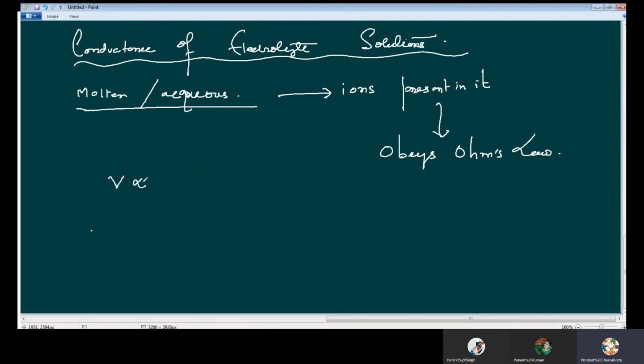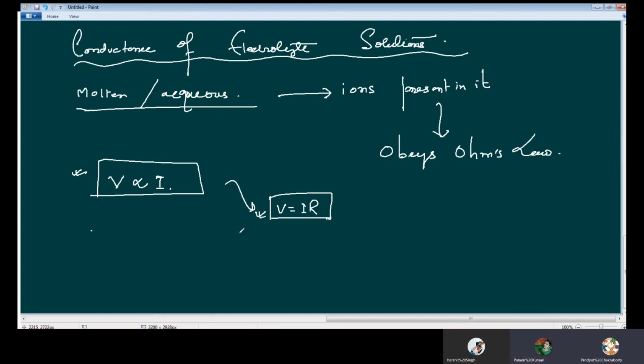That is the mathematical form. If I remove the proportionality, we get V equals IR. Ohm's law tells about this equation, and after that we derive it.